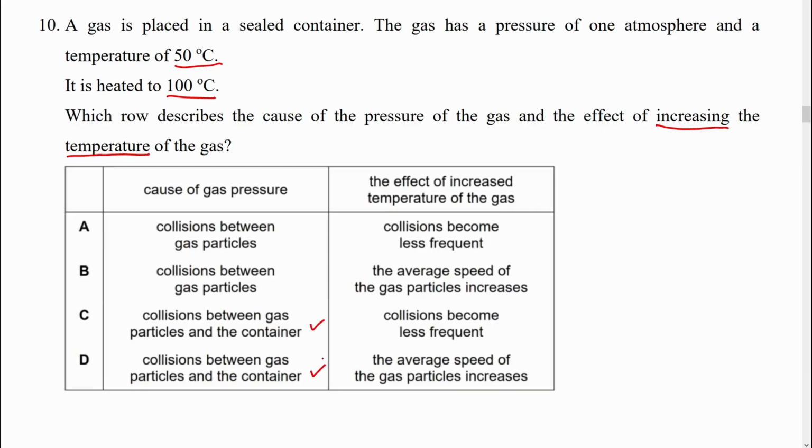So I'm going to lock my answer between C or D. While what is the effect of increasing the temperature of the gas? Of course the collisions will become more frequent, right? So that means the average speed of the gas will also increase because you increase the kinetic energy. So here it should be more. So that's why this is wrong and this is the correct one. So the correct answer is D.